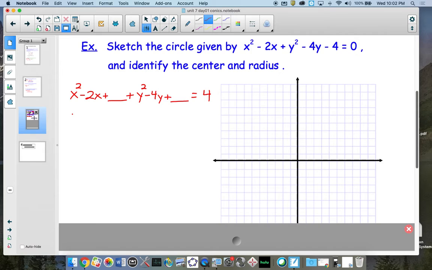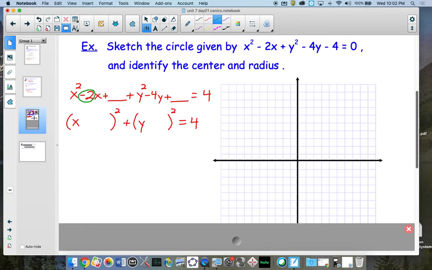Now if you remember, how do we fill in the blanks so that we have a perfect square? Because what we're looking for is that we want to have a quantity squared. We're going to have x something squared, and then we're going to have plus y plus or minus something squared, and then equals our r squared. So what we need to focus on for the x part of it is look at the coefficient of x to the first power.